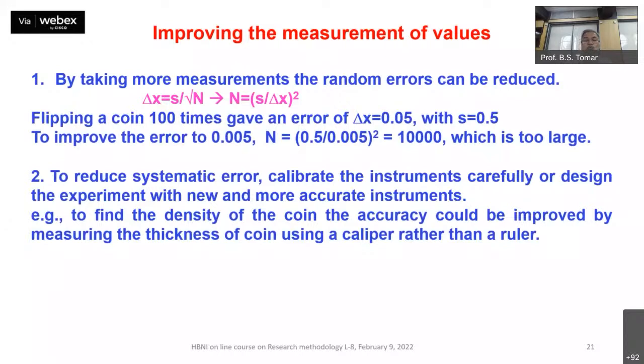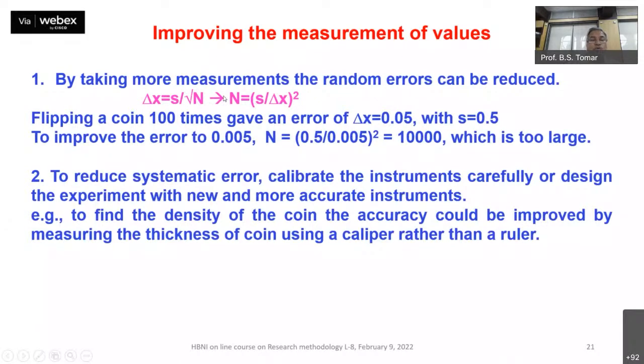So how do you improve the measurement of your values? Some important outcomes. One is that if you want to reduce the random error, do the measurements more times. The standard error of the mean is given by the standard deviation upon root n, where n is the number of measurements.